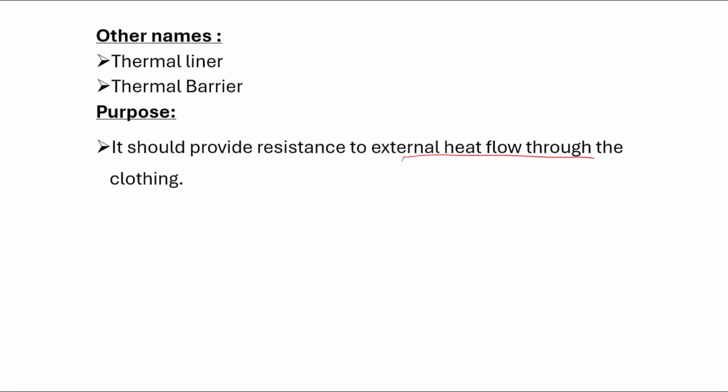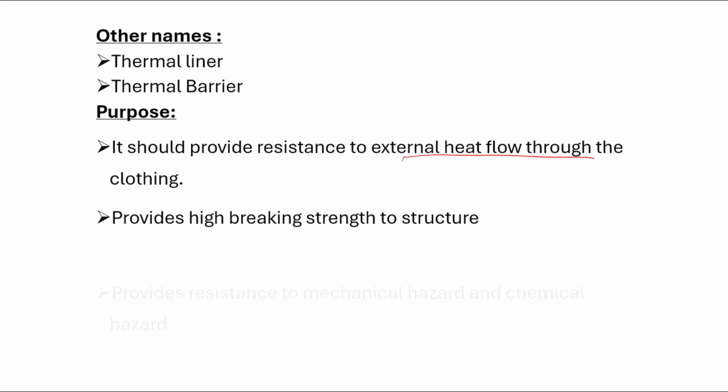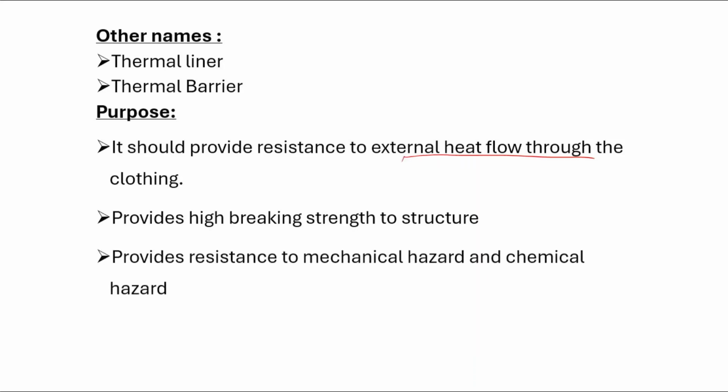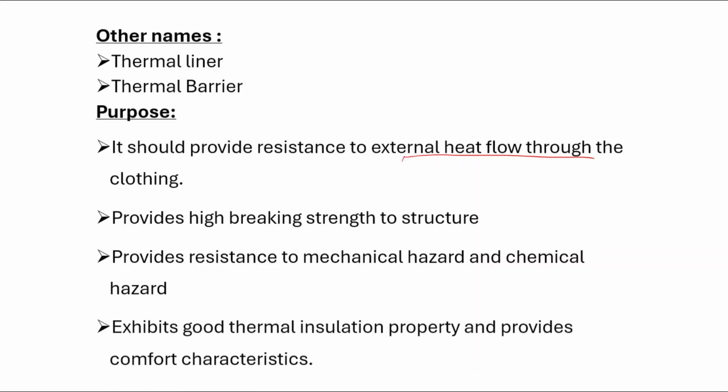So, it is bulky in nature, and that will entrap air, and it will be insulating in nature, provides high breaking strength to the structure, and provides resistance to the mechanical hazard and chemical hazard. So, that is its purpose. It should be stable and exhibit good thermal insulation property and provide comfort characteristics. That is very important. It should give sufficient comfort characteristics.